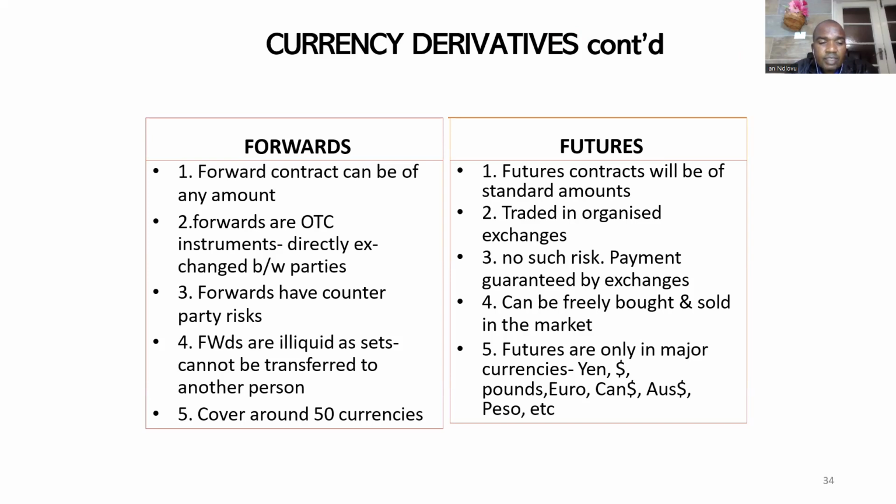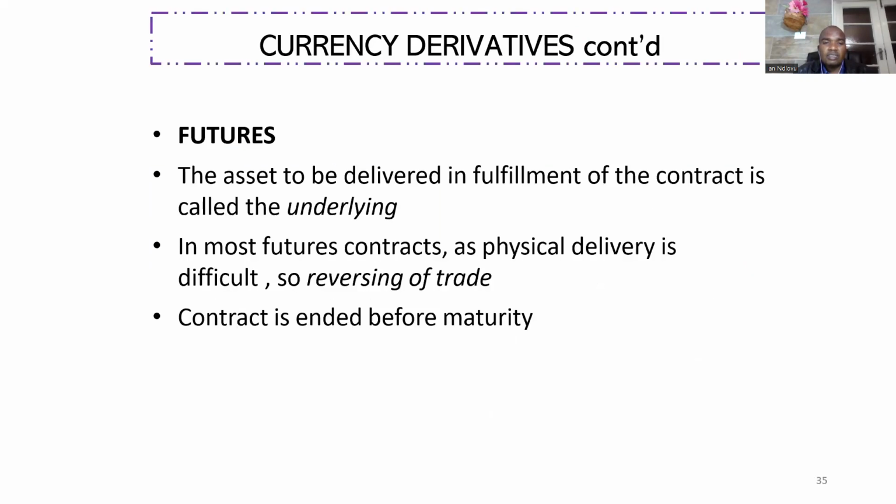And then the fifth difference is that forward contracts cover around 50 currencies. Futures are only in terms of major currencies, such as the Japanese yen, the United States dollar, the Great British pound, the European Union euro, the Canadian dollar, the Australian dollar, the peso, and so on. The futures are only structured for major currencies, not smaller or weak currencies.